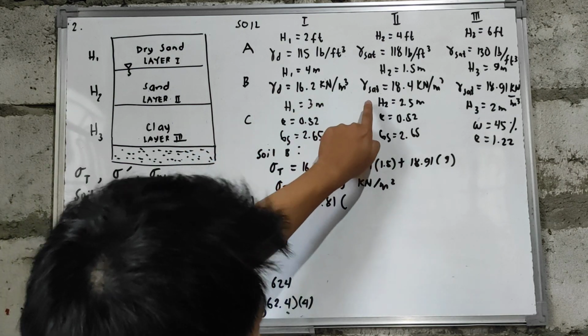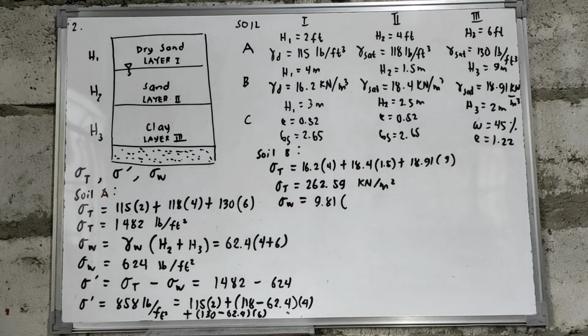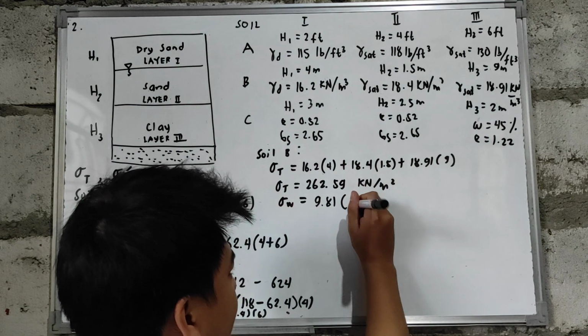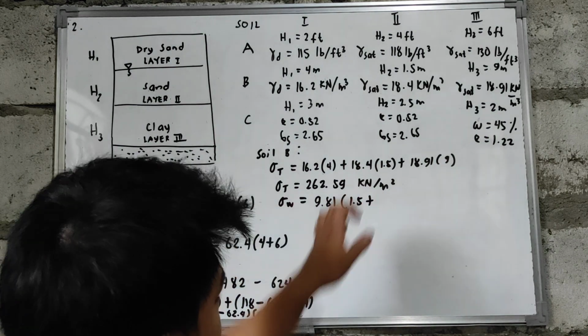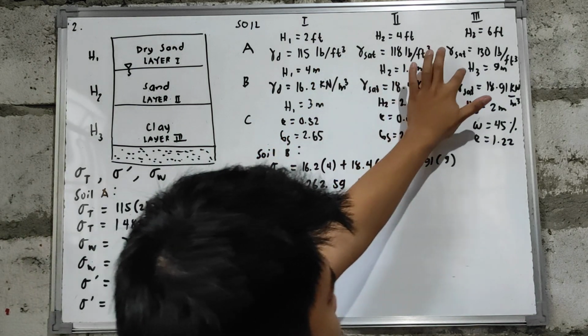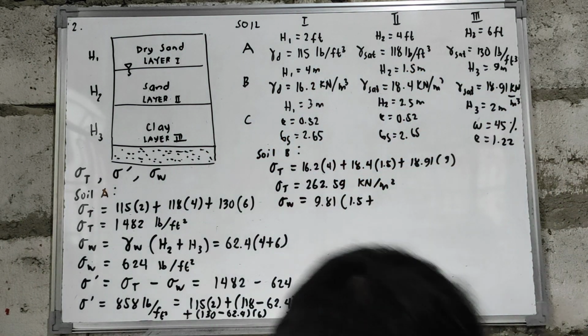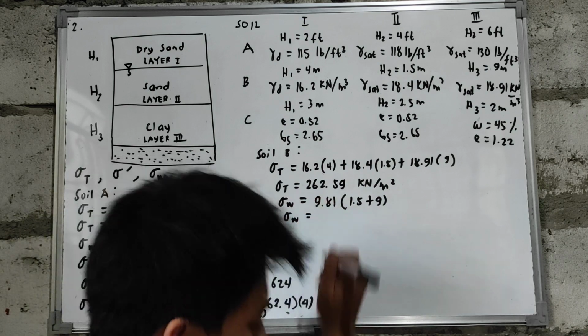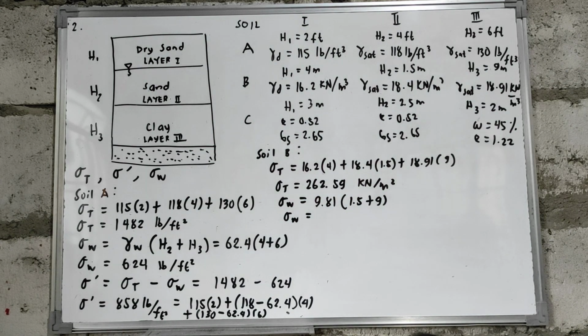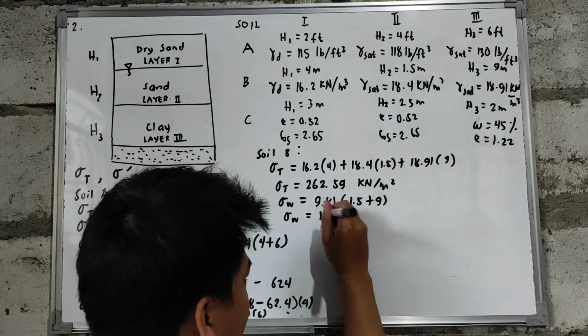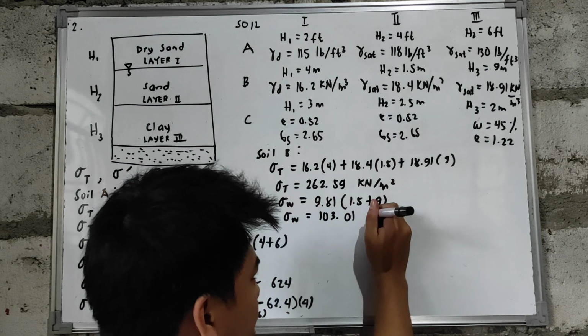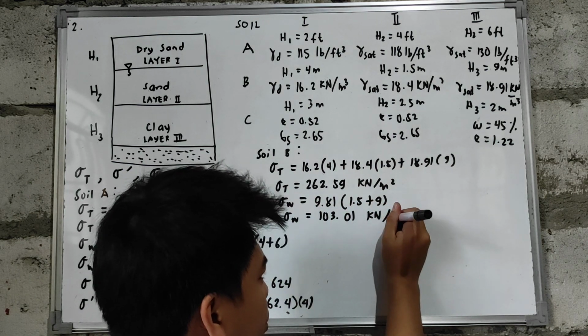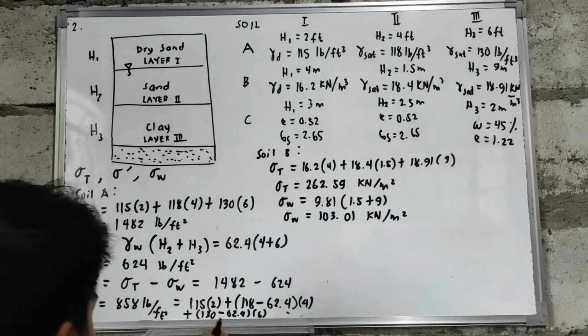So, yung H2 natin dito has a height which is equal to 1.5. Tapos, yung H3 naman natin has a height which is equal to 9. So, yung pore water pressure natin, that is equal to 103.01 kilopascal or kilonewton per meter squared.